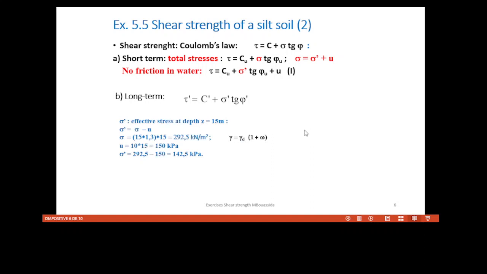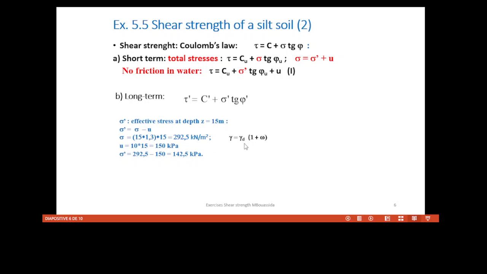For both cases, short term and long term, we have to calculate the effective stress. Effective stress is the total stress minus pore pressure. The total stress is simply, for the considered case, that we have 15 meters overlaying the silt layer. That means we have gamma, but gamma is gamma d, the dry unit weight, multiplying 1 plus omega, the water content.